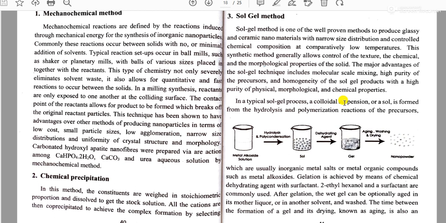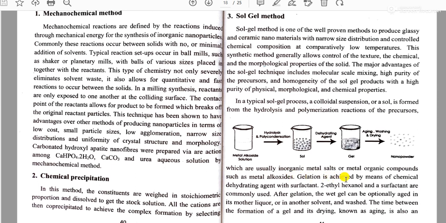Here the colloidal suspension or sol is formed in between, so that is why it is called a sol gel process. The synthetic method involves the formation of a sol as well as a gel, from the hydrolysis and polymerization reactions of the precursors, which are usually inorganic metal salts or metal organic compounds such as a metal alkoxide.